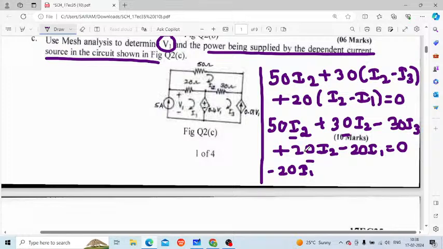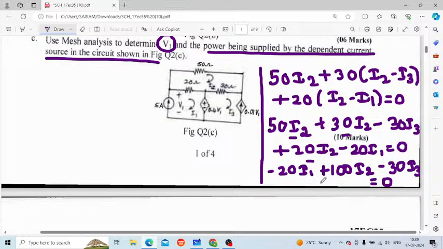That is plus 100 I2, minus 30 I3 once again, which is equal to 0, students.